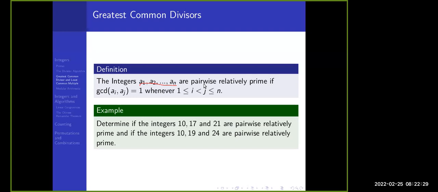So we can check two at a time. If you check 17 and 21, the GCD is 1. So yes, this first set is pairwise relatively prime.